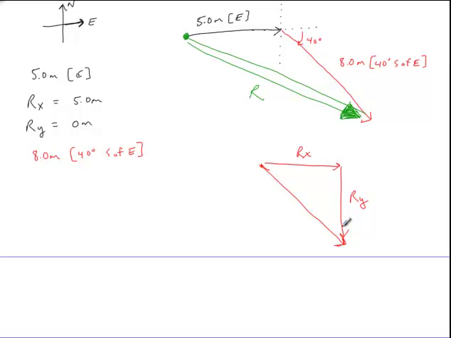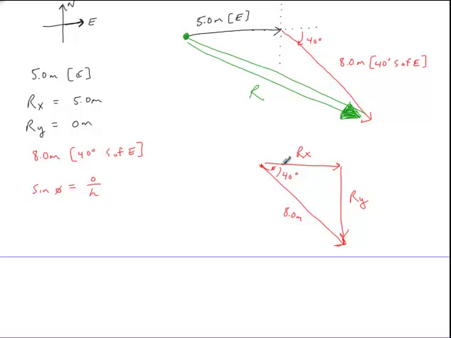So, we know that this angle here is 40 degrees. We also know that this is 8.0 meters. We want to figure out Rx and Ry. You're going to need, again, SOHCAHTOA. Sine theta equals opposite over hypotenuse. This is theta right here.